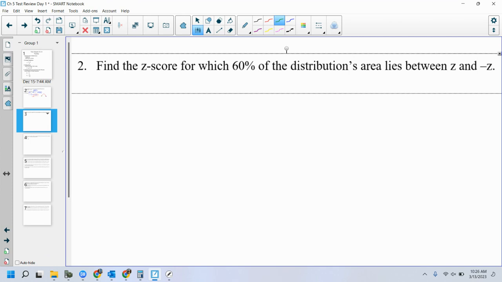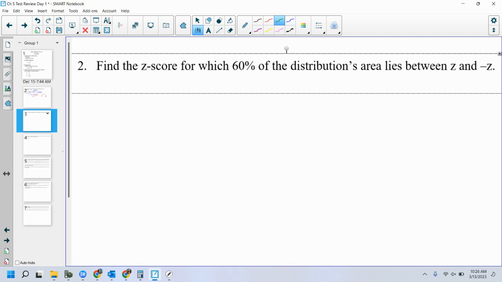Okay, find the z-score for which 60% of the distribution's area lies between z and negative z. I find this question kind of interesting. I want 60% of the distribution's area lying between z and negative z. So I've got to figure out the z-score where I take the positive and the negative, same number.